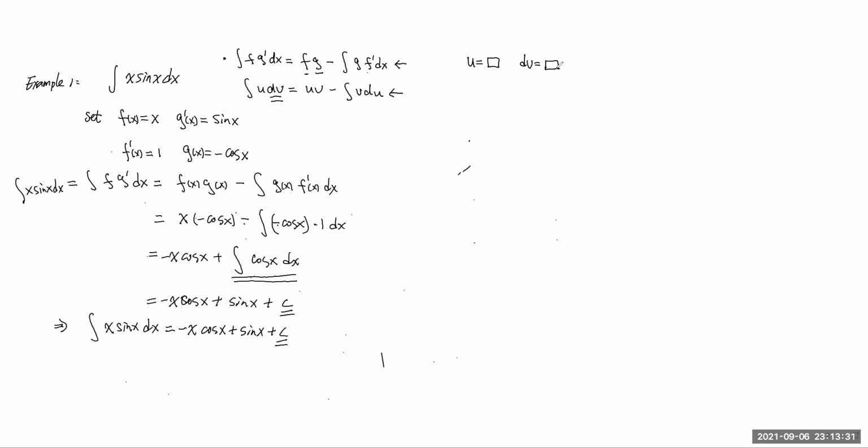Then you compute du, which is obtained from u, and v, which you can compute because you know dv. And then let's use this method to do this problem.